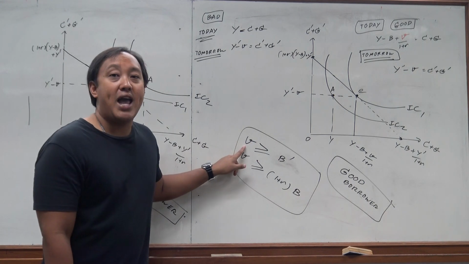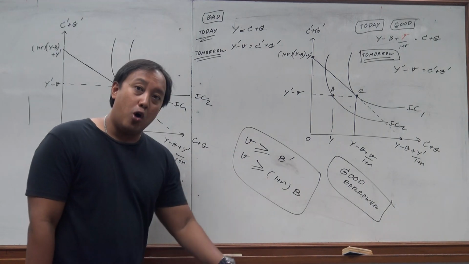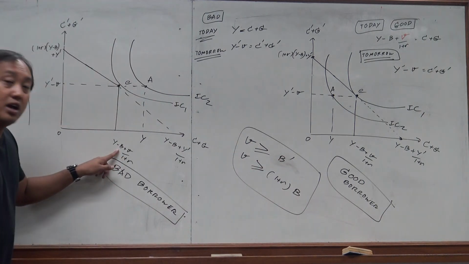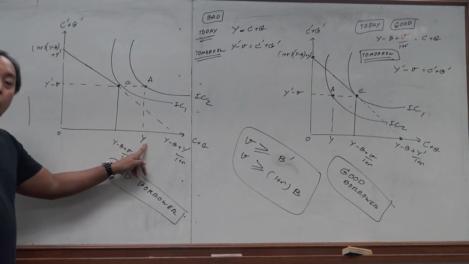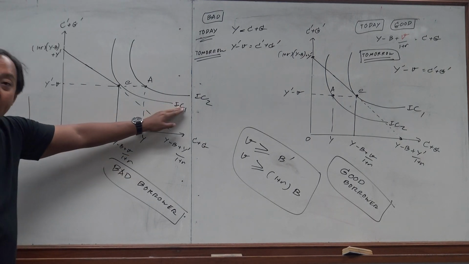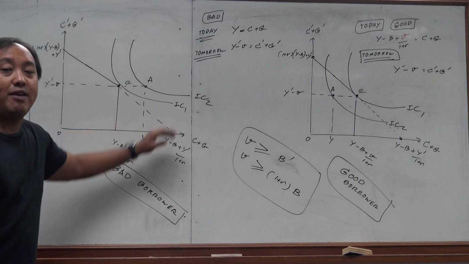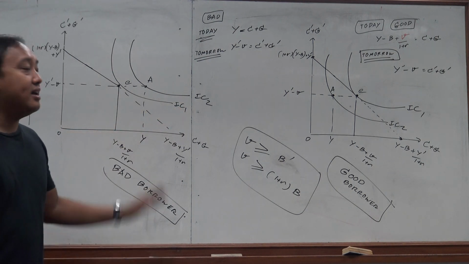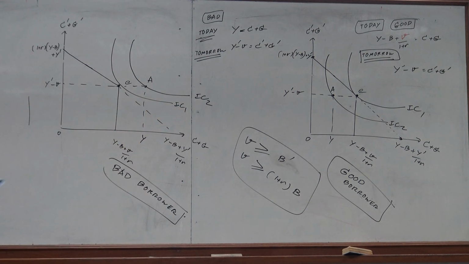If this cannot happen, the penalty is too low. When the penalty is too low, this point is going to be on the left side of Y, then everyone is going to be a bad borrower, because being a bad borrower gives you more utility. So then, done for this one.